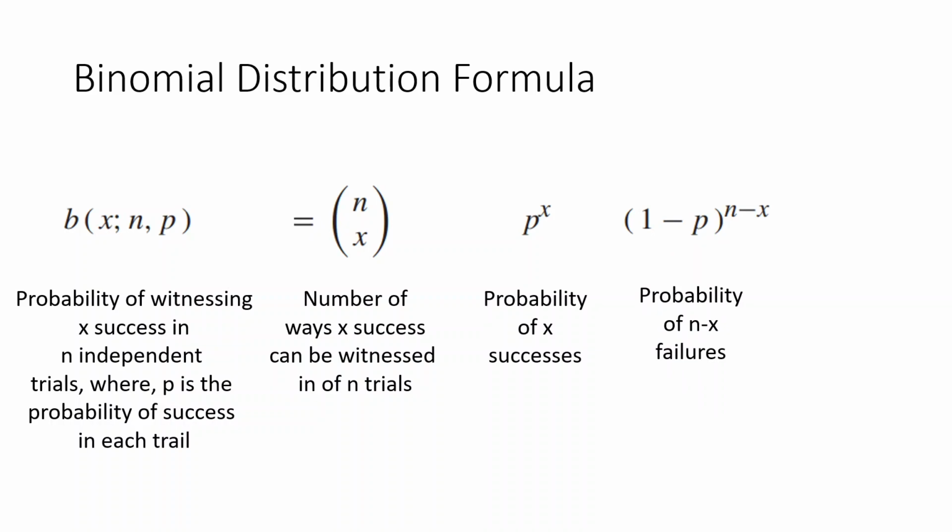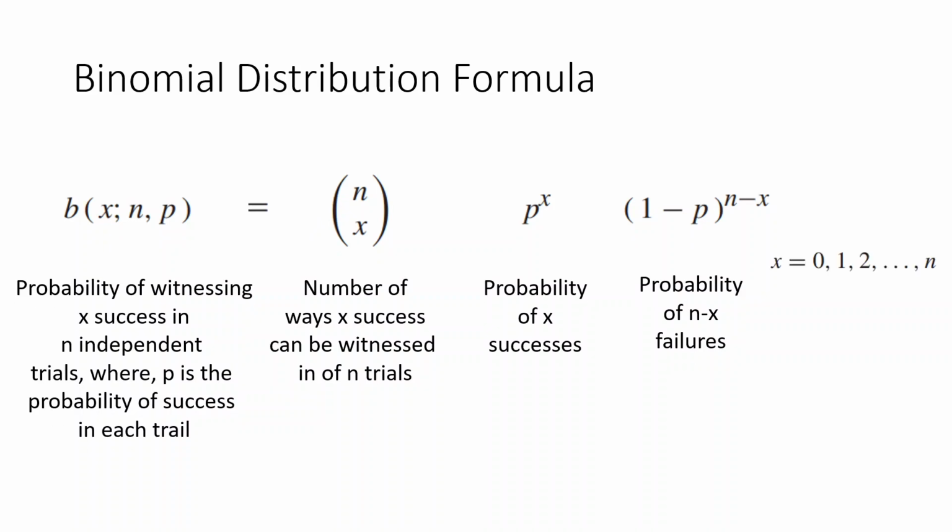So if I get x successes, the number of failures I will get is n minus x. So 1 minus p is the probability of failure, to the power n minus x, will give the probability of n minus x failures. If I want to measure from 0 to n, x can vary from 0, 1, 2, 3, and so on up to n. This is the binomial distribution formula.